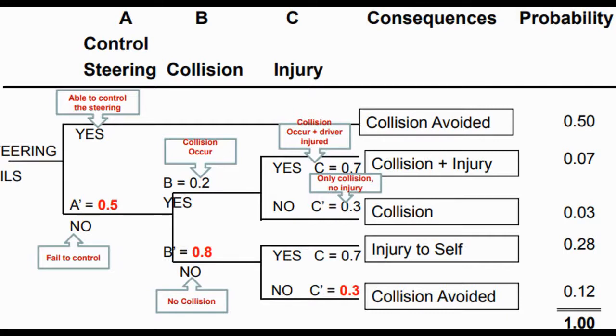Okay, collision avoidance, and the injury. Okay, walaupun no collision tapi dia boleh kena injury. Tapi bila kalau dia fail to control and then the collision happen, okay, so the most severe is collision plus injury, which is 7% compared to 3%. This is how to read and understand this event analysis.